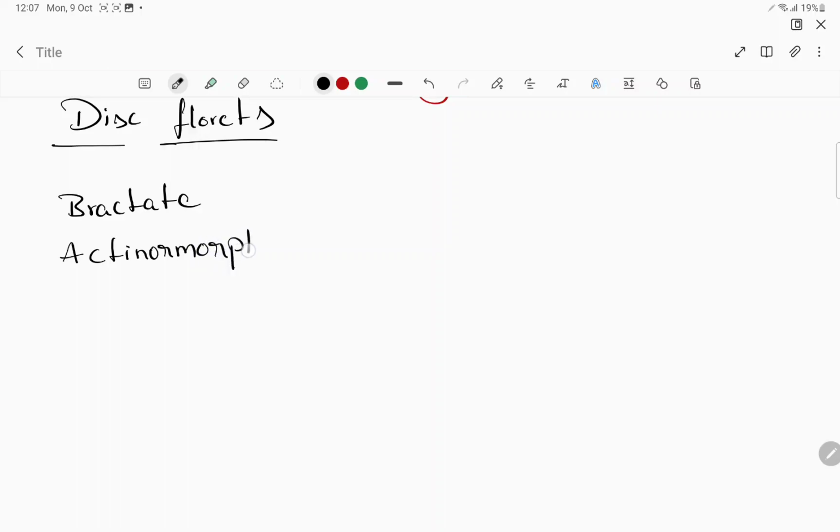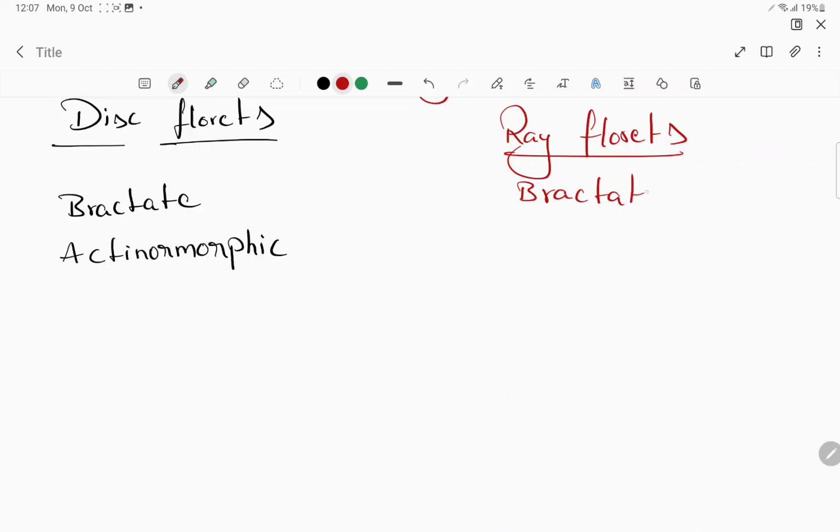We'll see it with the comparison part, then it will be very easy for you to understand. Disc florets and ray florets are both bracteate, and the ray floret is zygomorphic.